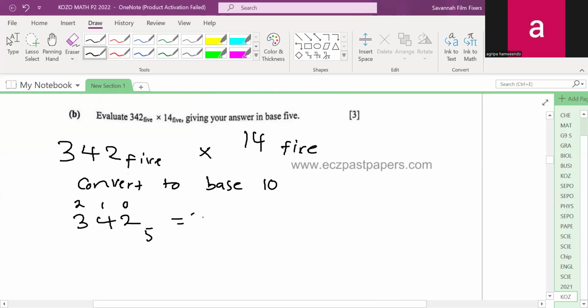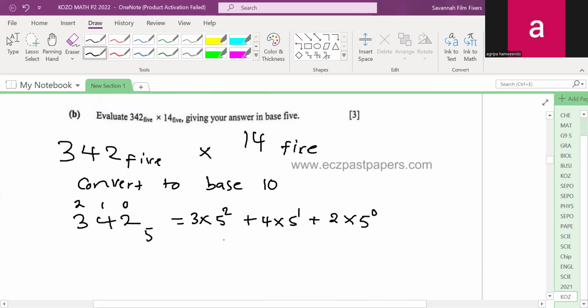So it's like 3 times 5 to the power 2 plus 4 times 5 to the power 1 plus 2 times 5 to the power 0.